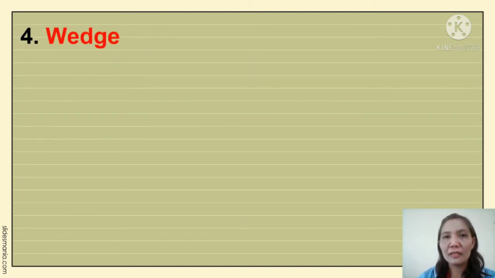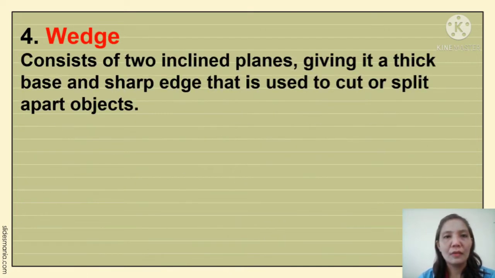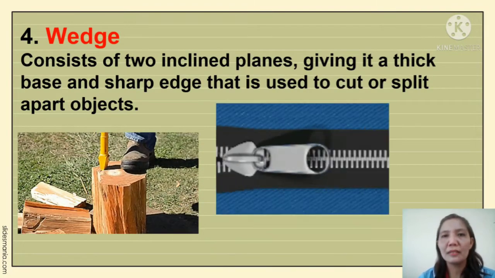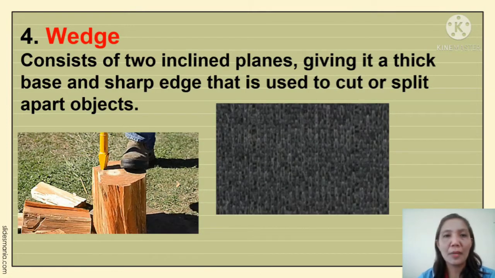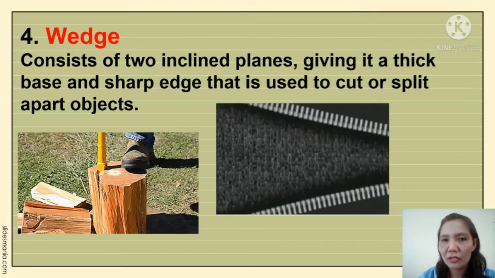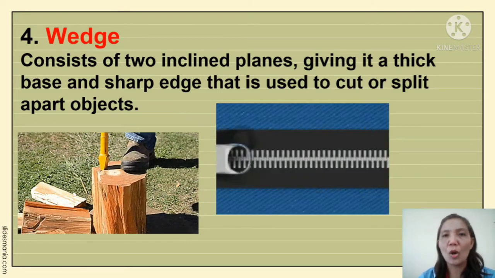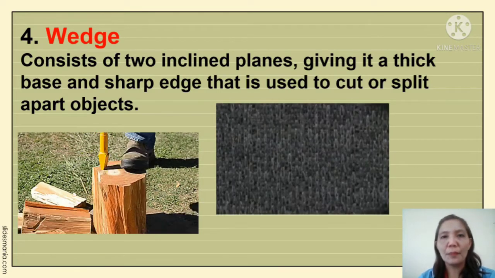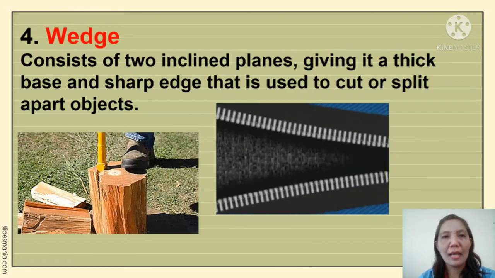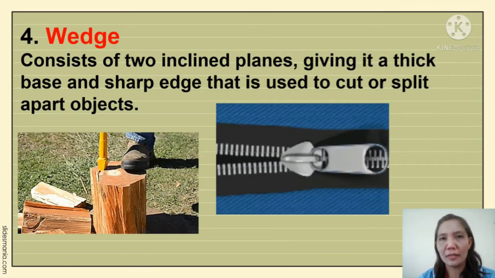Next is a wedge. It consists of 2 inclined planes giving it a thick base and a sharp edge that is used to cut or split apart objects. Examples of wedge are an axe and a zipper.